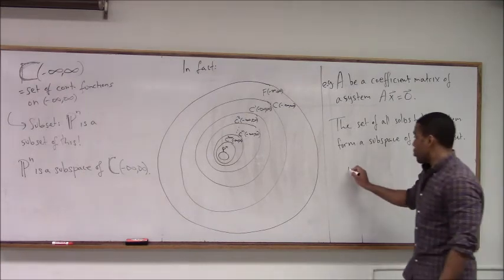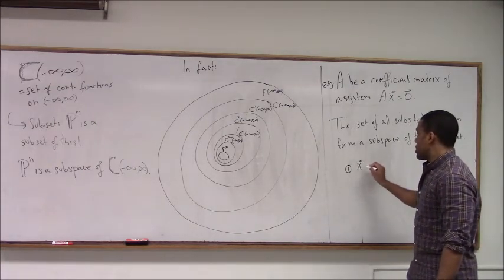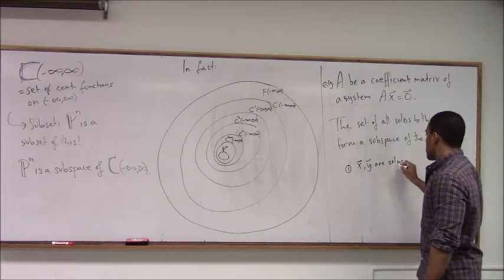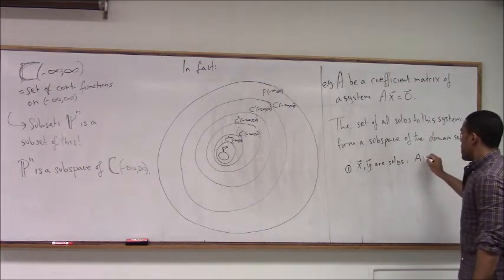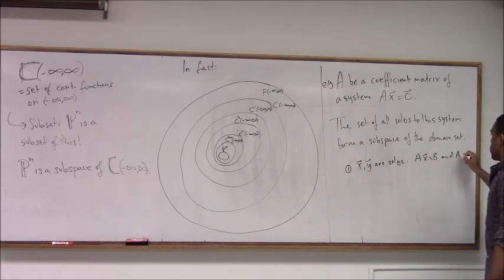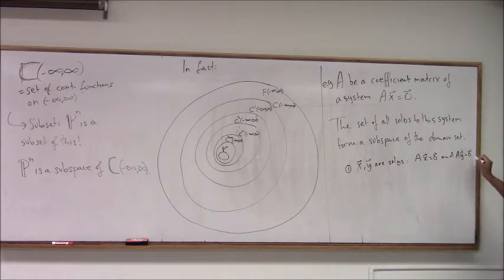And if I look at the set of all the possible solutions, they form a vector space. Because, one, if x and y are solutions, that means Ax equals 0 and Ay equals a 0 vector.